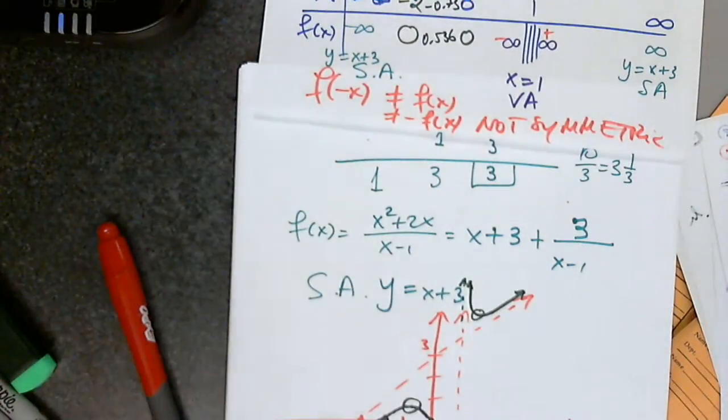Okay, now I want to determine the minimum. So I see the vertical asymptote should be here at 1. So I'm going to say second and calc. This time I want a minimum, so I want 3. I gave you something else here.